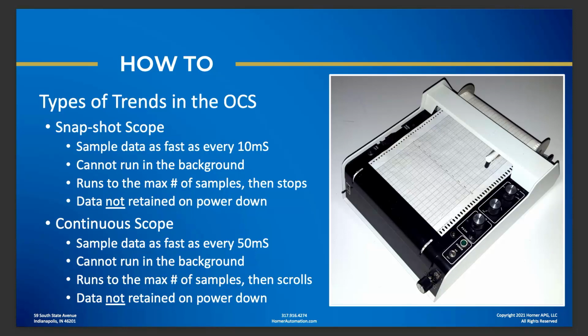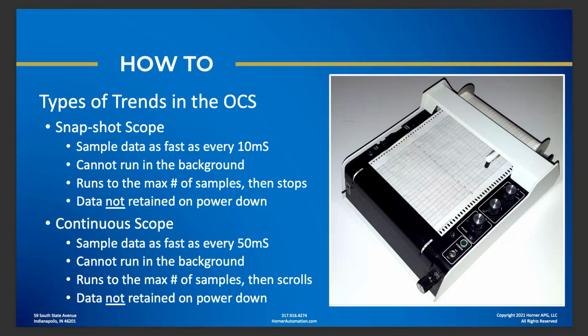So with a snapshot scope, you're only going to be able to see the data when that screen is displayed. It can't be operating in the background. And they do require a start button effectively to start them whenever you want to take the data. And then it's going to take the number of samples that are covered by the graph and freeze.